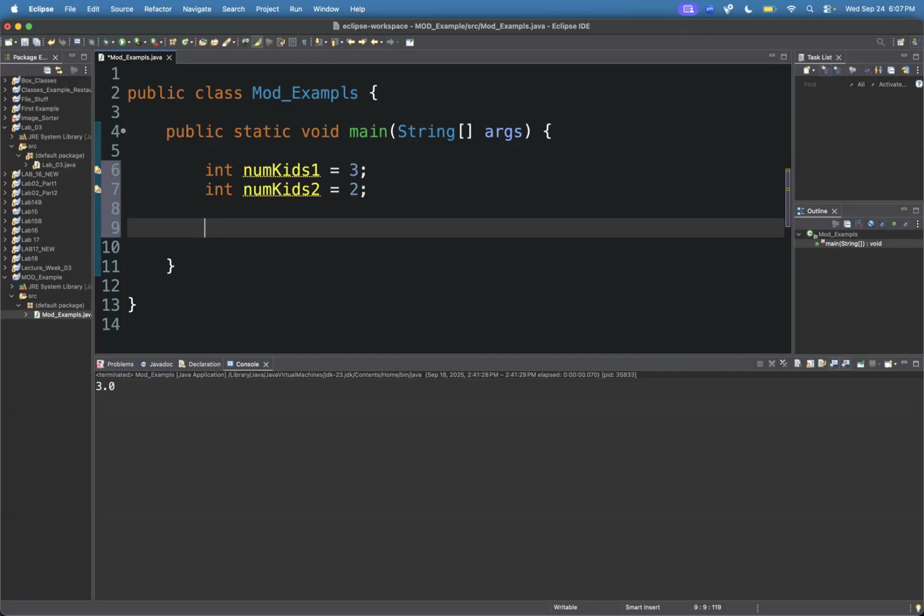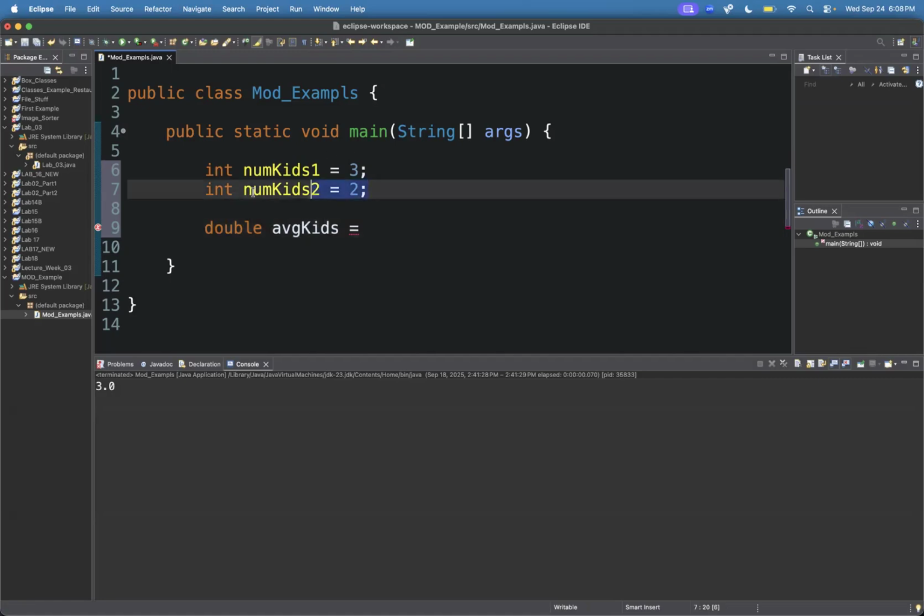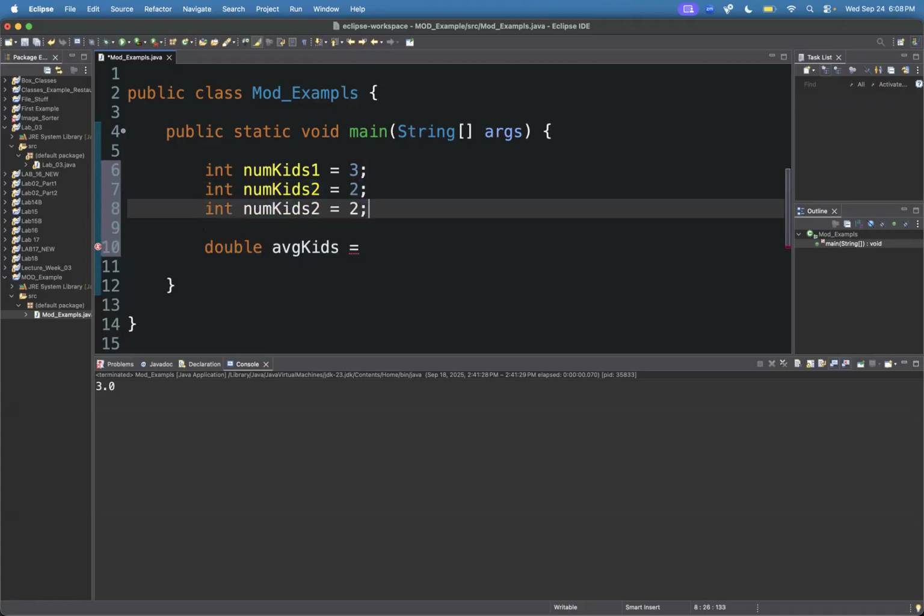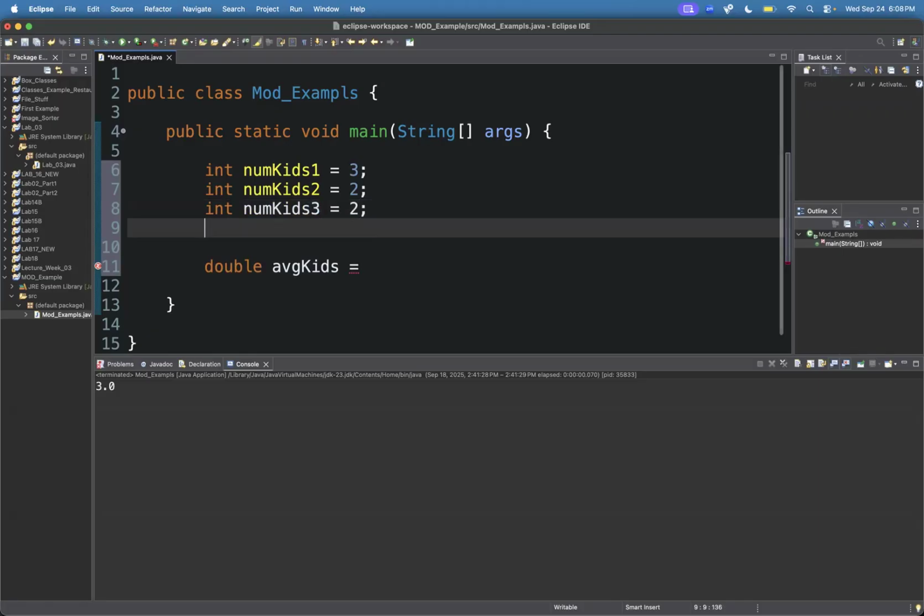Now, if I wanted to calculate the average number of kids, I could say double average kids. Then we could try to calculate how many kids on average we have here. Maybe we'll add a couple more, actually. So we'll have num kids 3. Let's say that they also have 2 kids.